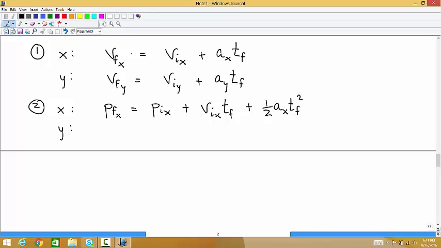And the y equation just exchanges all the x components for y components. So PFY is equal to PIY plus VIY TF plus 1/2 AY TF squared.